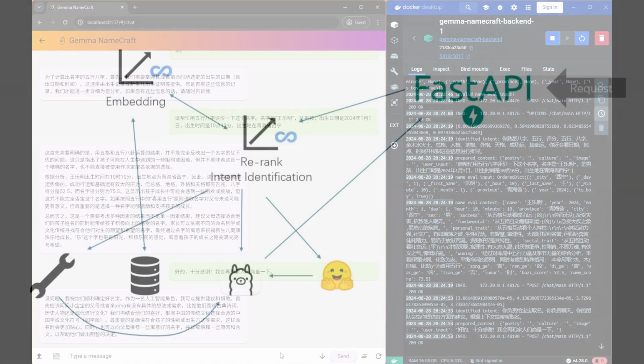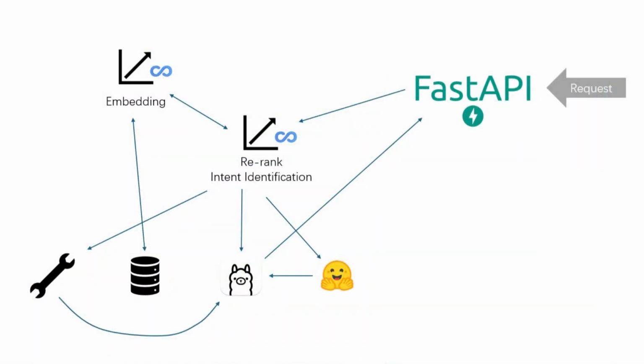I also want to take this chance to explain how the system works behind the scenes. So the Flutter UI is taking care of the user interaction and sending the request to FastAPI. And then behind the FastAPI, I have a re-rank model that compares the prompt against a set of known intents. And then I'm using the re-ranker to identify the intents.